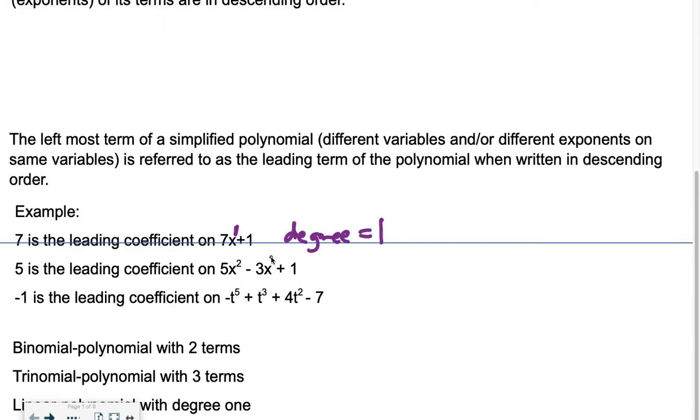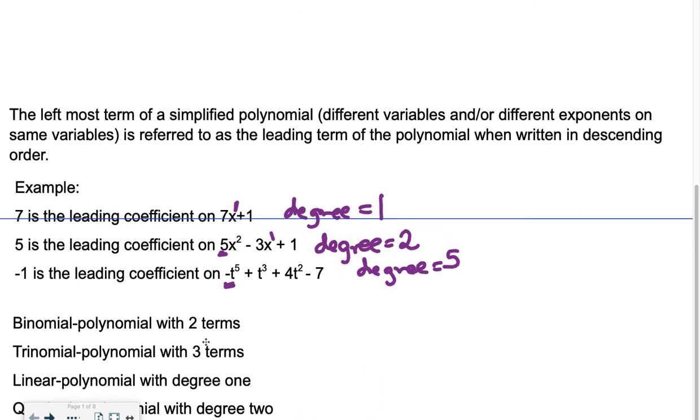We go from 2 to 1 to no exponent, so the degree here is 2. The leading coefficient is 5. -1 is the leading coefficient on this polynomial. We go from 5 to 3 to 2 to 0. So the degree here is 5.